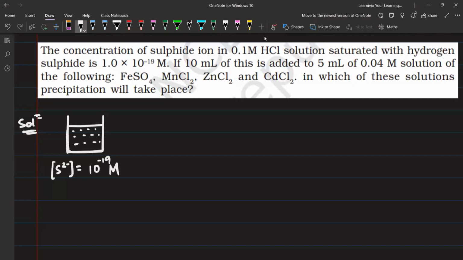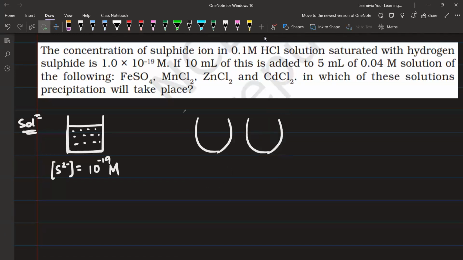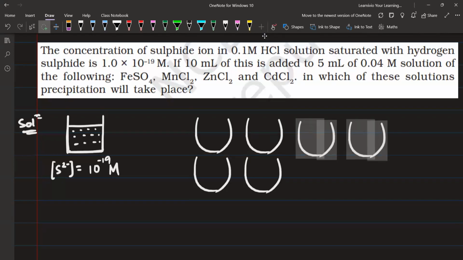Yes, sir. ठीक है. Now we have certain solutions. For example, we have 4 solutions: FeSO4, MnCl2 and ZnCl2 and CdCl2. ये हमारे पास 4 solutions हैं.